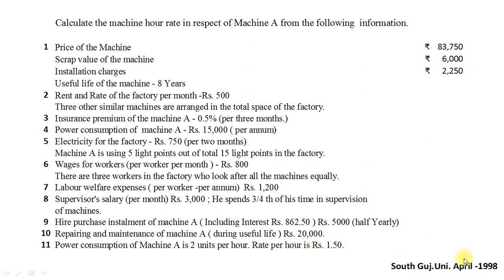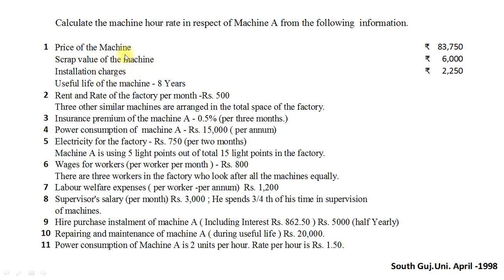Dear students, before solving the example, let us understand the question. Here we are to calculate machine hour rate for machine A. Information number 1 is related to machine and will be useful for calculating depreciation.